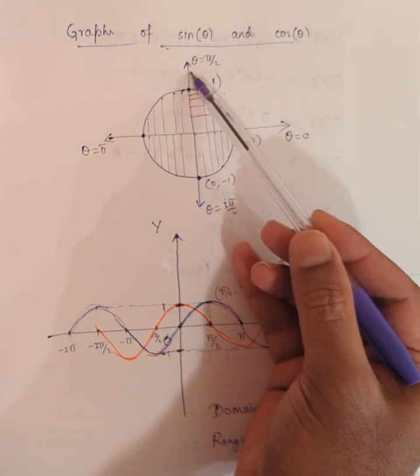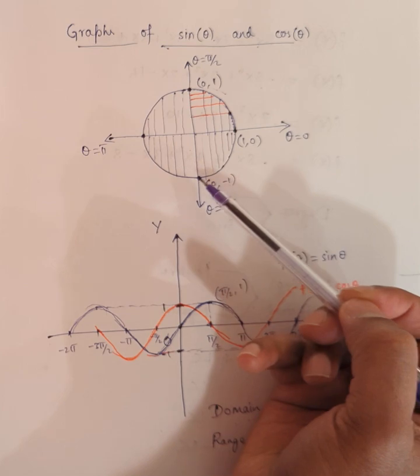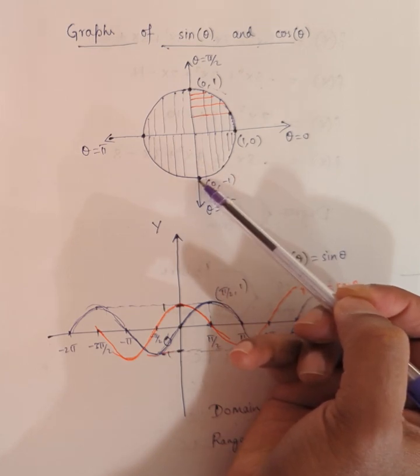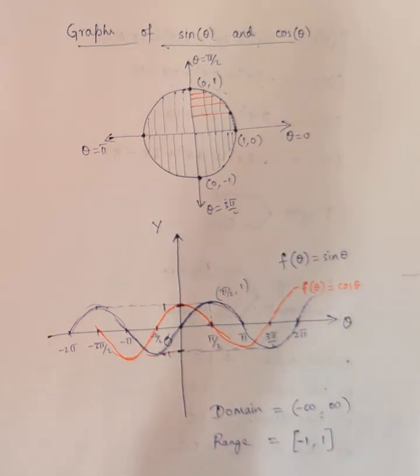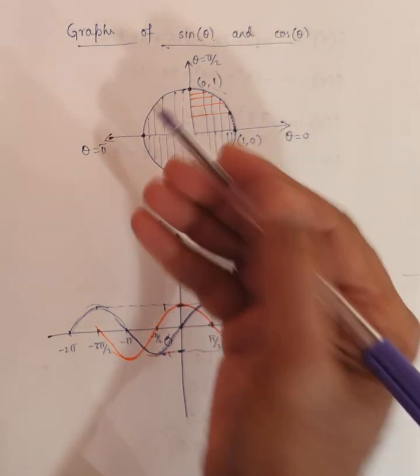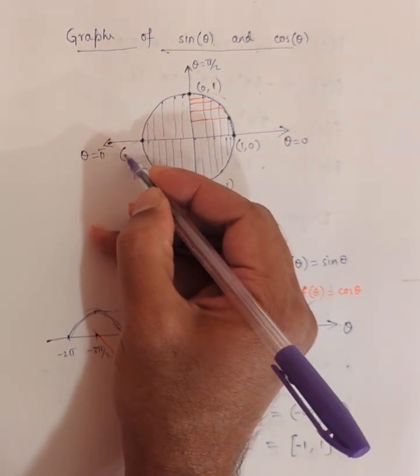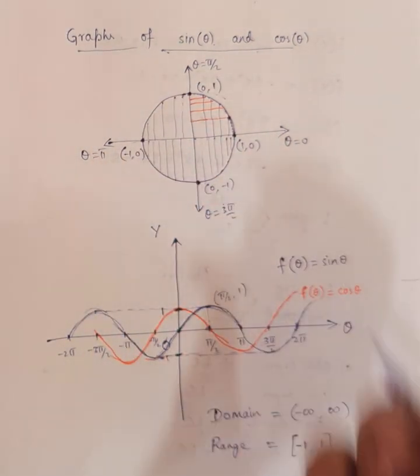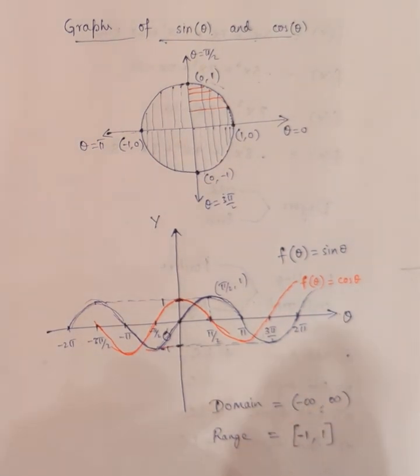It does not go above positive 1, and the minimum coordinate is negative 1. It does not go below negative 1, whether it's the x coordinate or the y coordinate. Your x coordinate also cannot go beyond positive 1, and it cannot go to the left of negative 1 either. So that's the domain and range of the sine and cosine functions, and that's the graph.